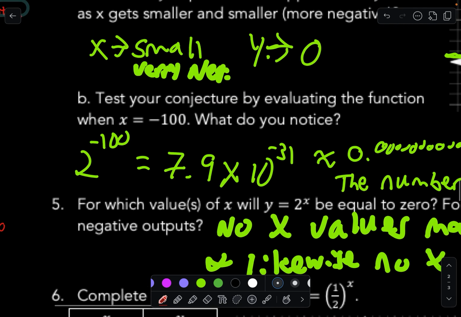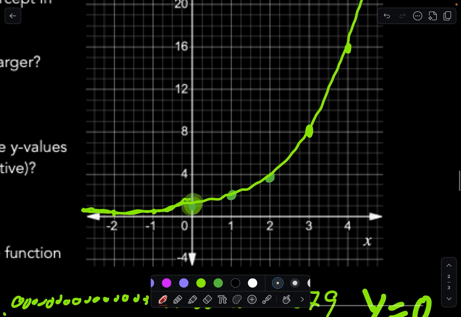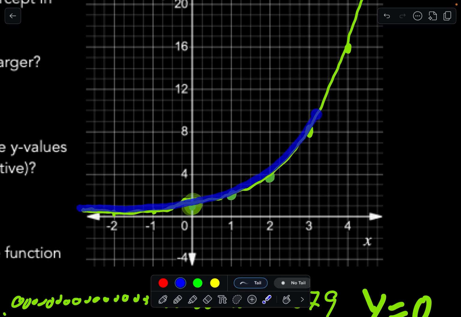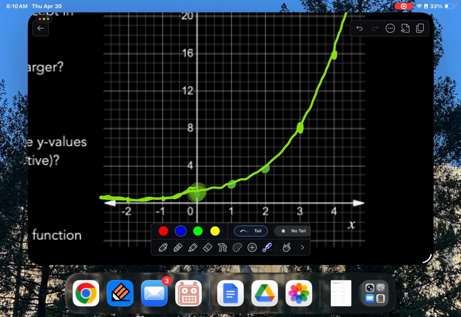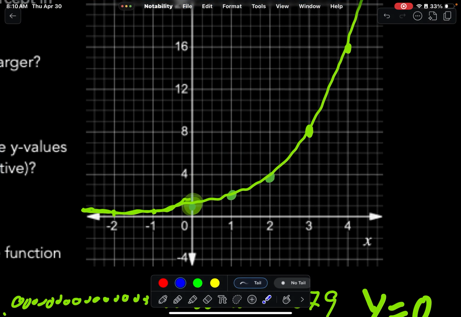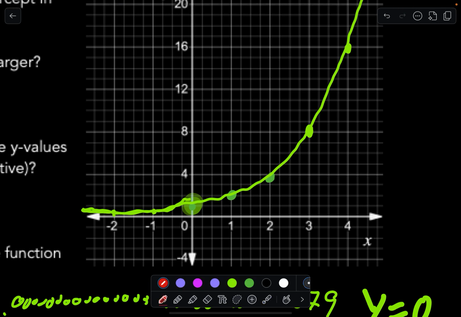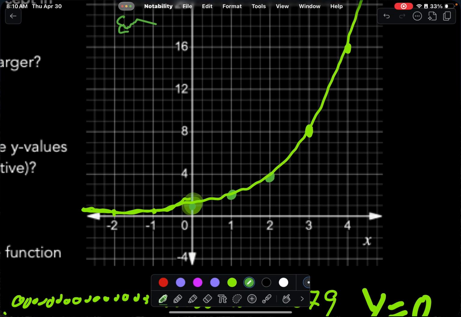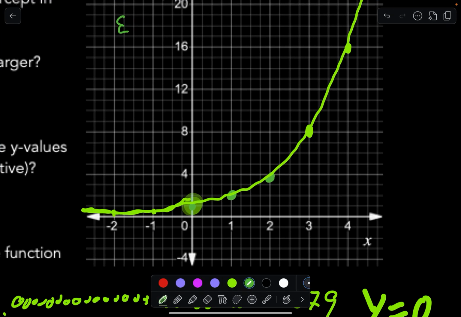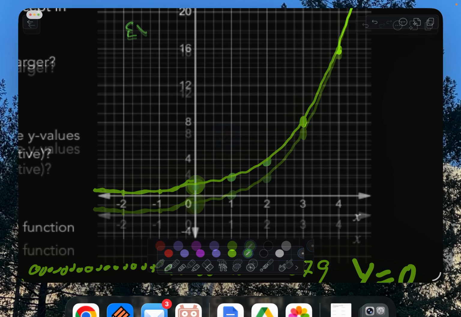Now, notice the base was 2 on this. And this graph, as we go out, blows up, gets bigger and bigger. We call this exponential growth. This is x.